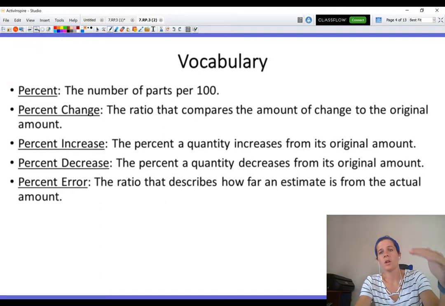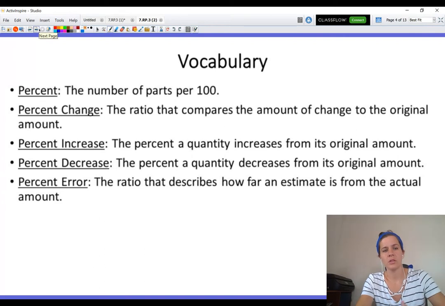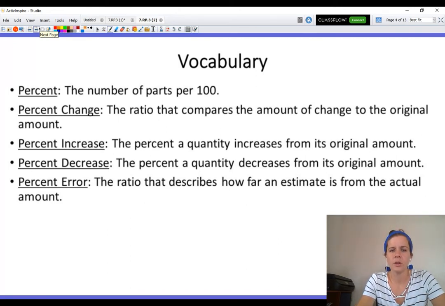So if a price goes up, it's the percent of the original that it went up. It's the percent change when it's an increase. A percent decrease is the percent a quantity decreases from the original amount. So if an amount decreases, it's the percent that it decreased. Percent error is the ratio that describes how far an estimate is from the actual amount. So what percent were you off by?